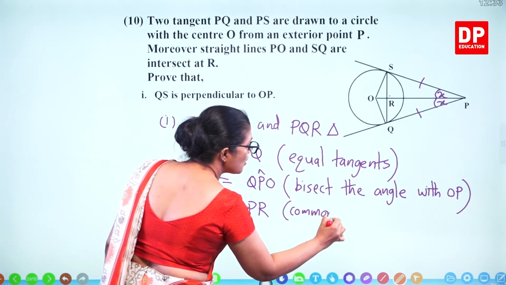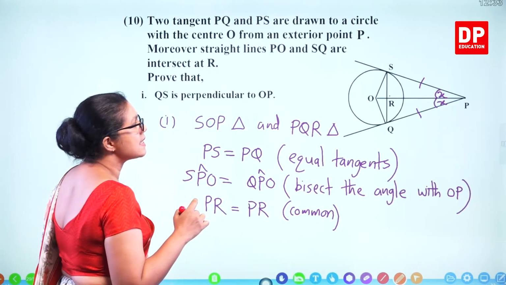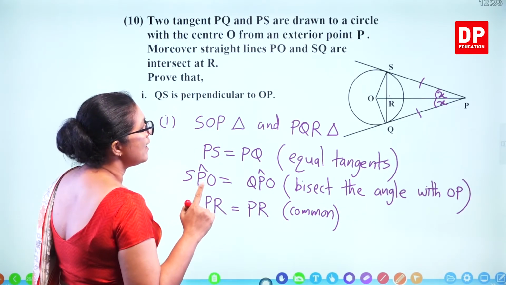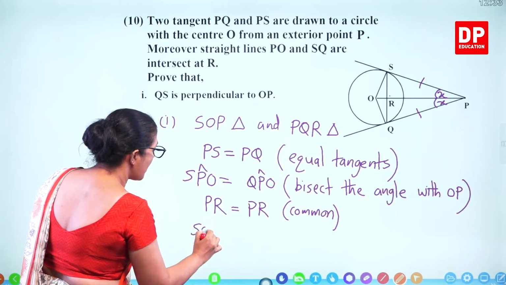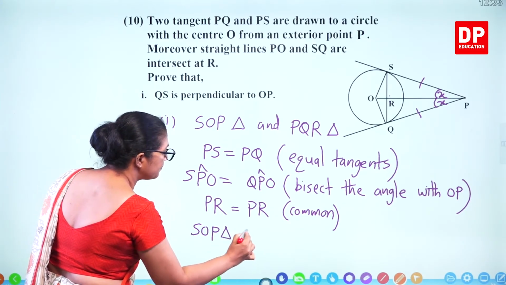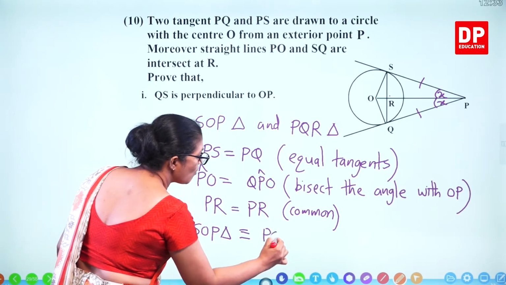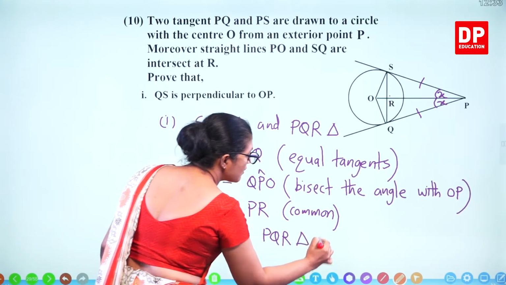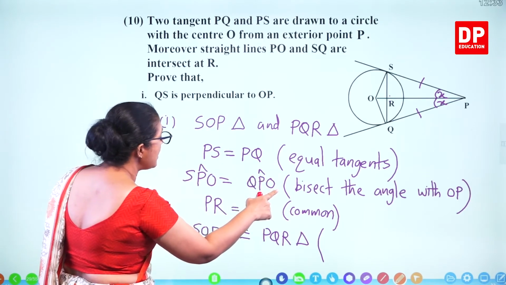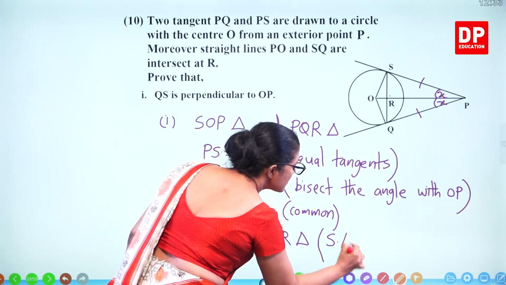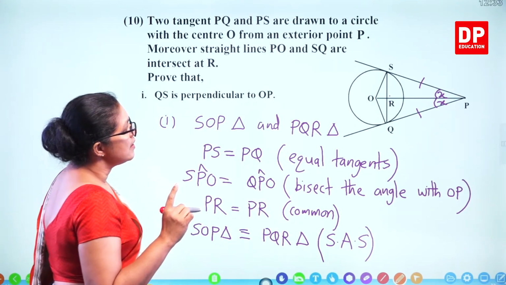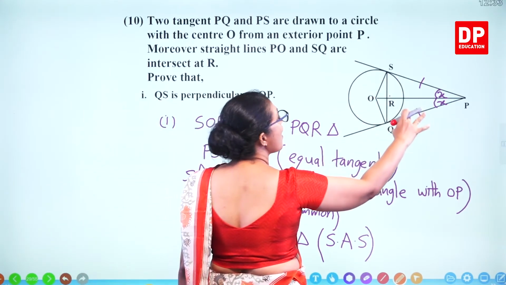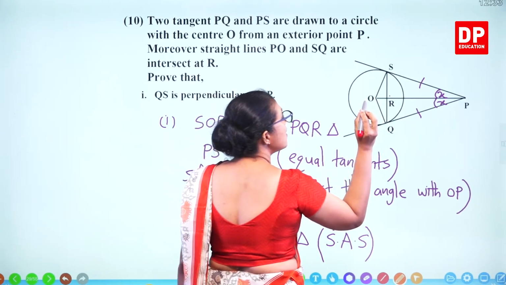So what can you say about these two triangles? Two lengths and the included angle. So the two triangles are congruent, PSR and PQR triangles. What's the case? Side angle side.